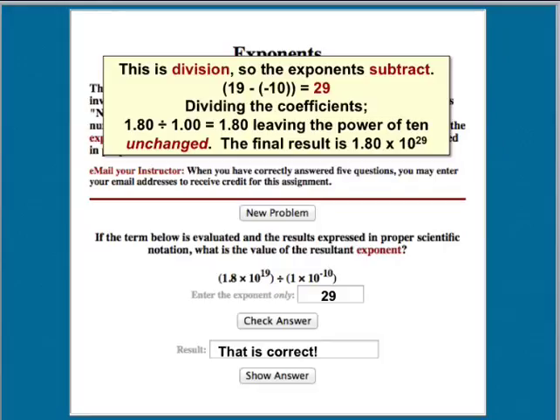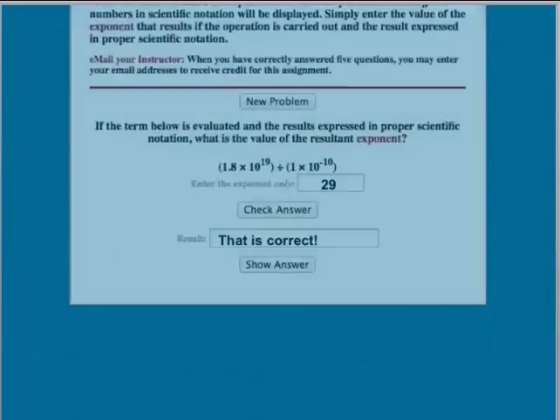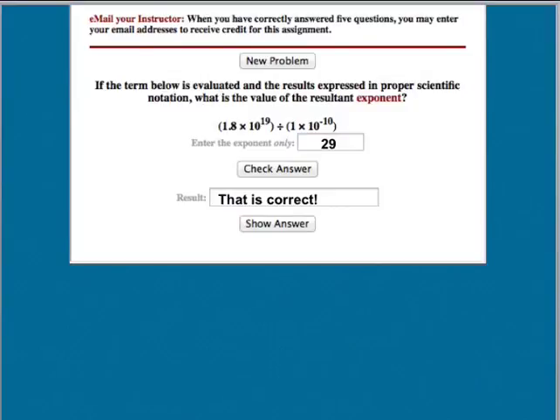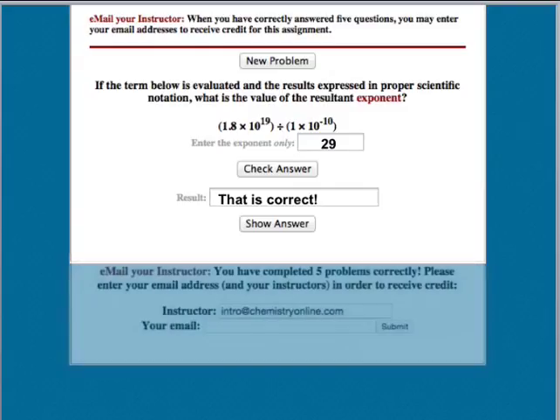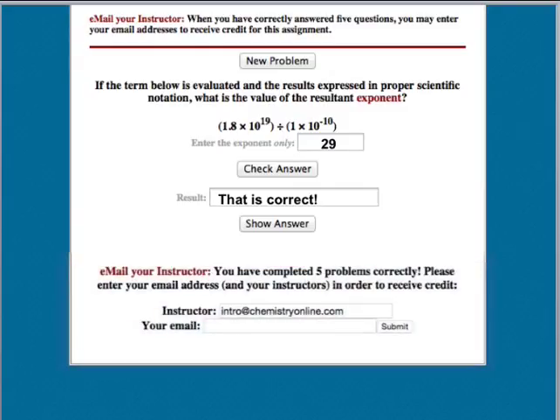Now, when you answer 5 of these correctly, as it says here, this will appear, I hope. There it comes. Email your instructor. That's me. Don't change this to whatever.